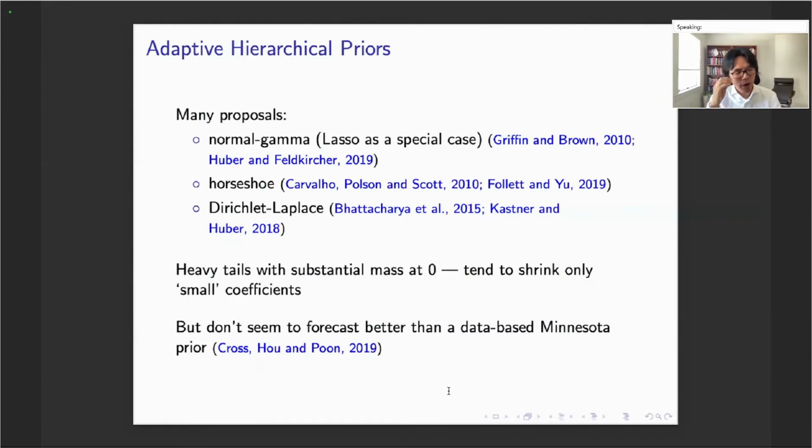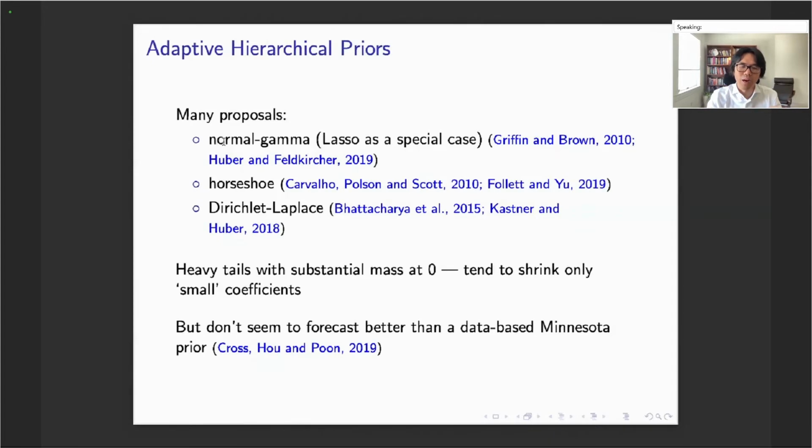So that's the Minnesota prior. And more recently, in the last decade, there are some adaptive hierarchical priors. And in today's talks, Florian talked about the horseshoe prior; it is one of them and is also here. They are more flexible in the sense that the three I listed are all mixtures of Gaussians, right?